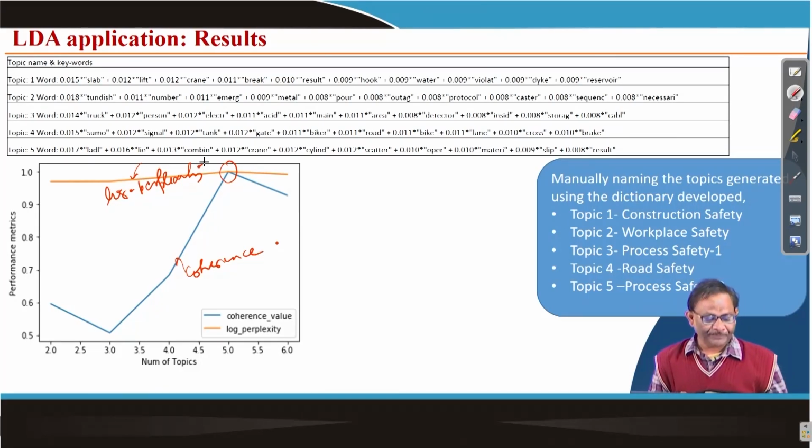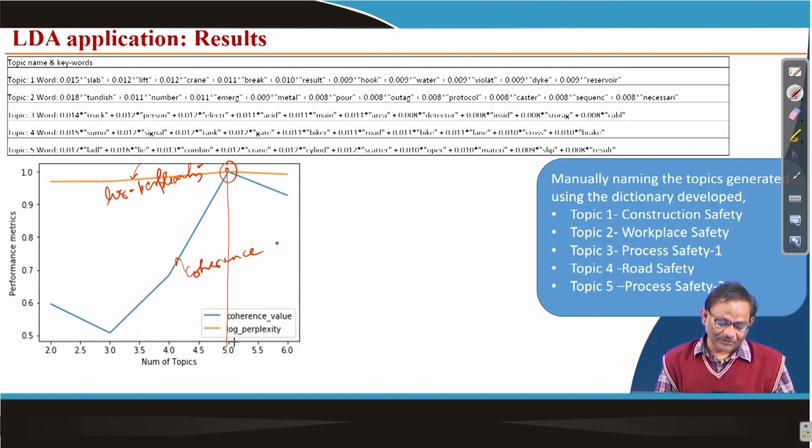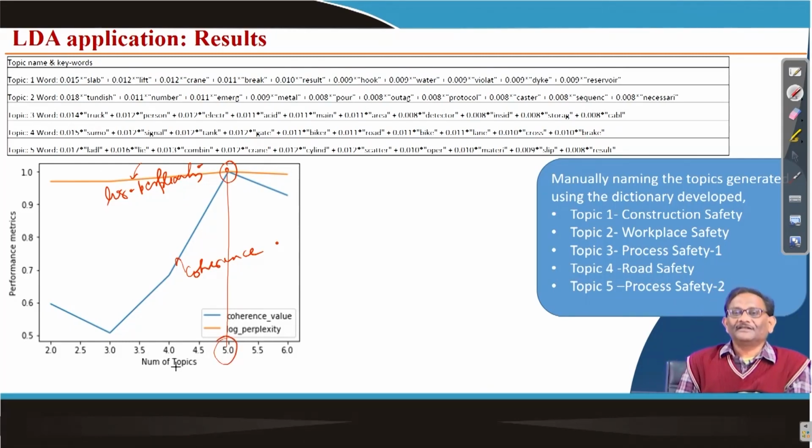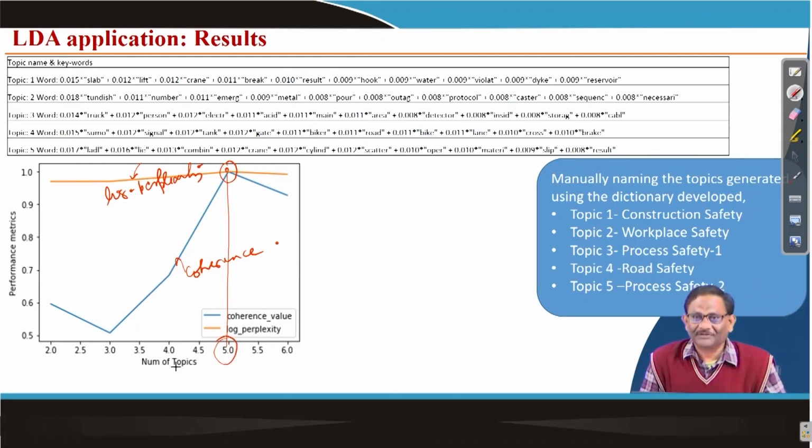As you know, obviously the higher the coherence, the lower the perplexity value, more or less flat here, and coherence value maximum here. So, that corresponds to the number of topics, 5. This is another important part from the application point of view: how many topics will be there.